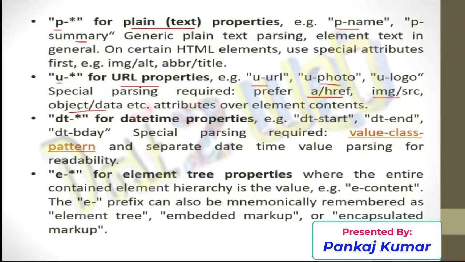In the same way, for date time properties, you can use dt-. You can define dt-start, dt-end, dt-bday, right? There is also some special parsing required. If you want the element, e-, where the entire content element hierarchy is the value, like e-content, you can give embedded markup. This way you can define your microformat.